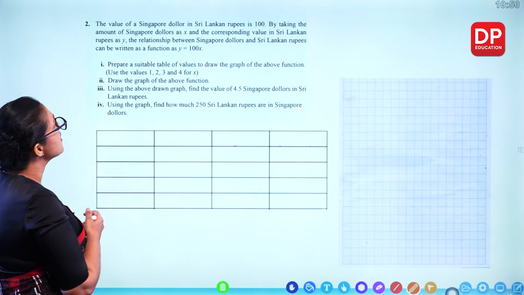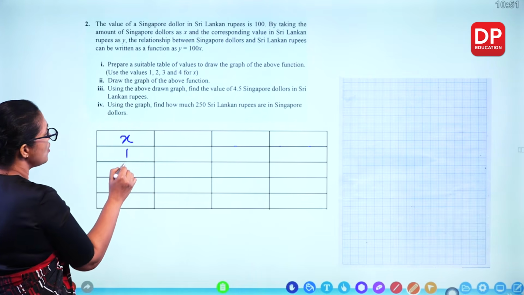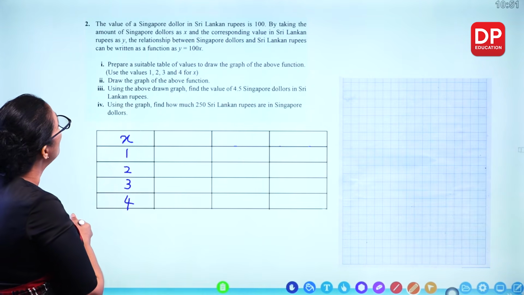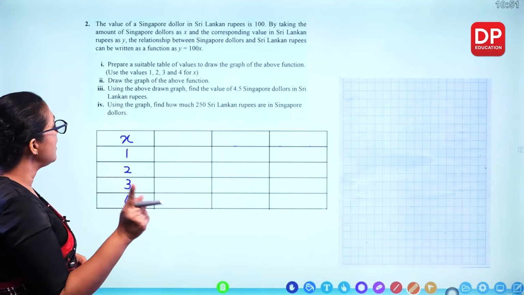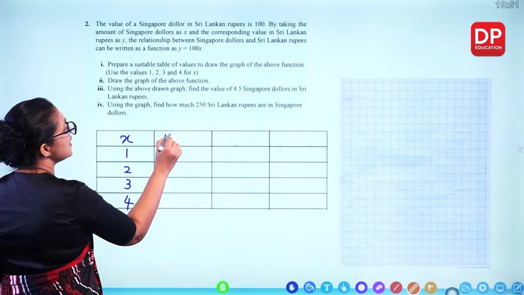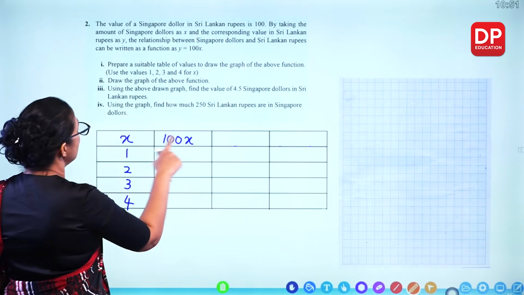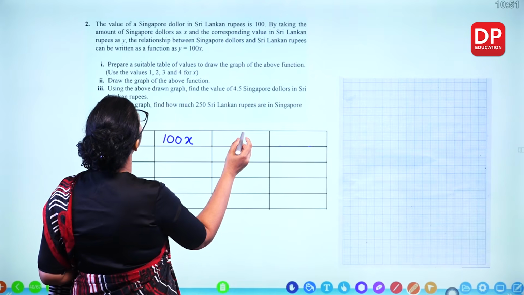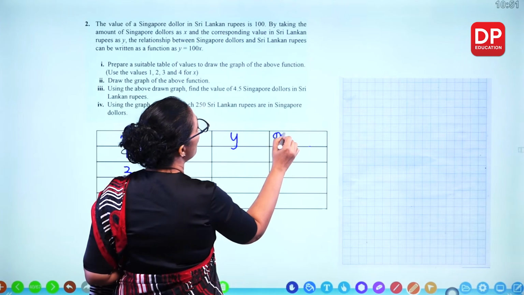Use the values x equals 1, 2, 3, 4. And prepare a table. So we need 100x, and when x equals this, you get the y values. And you can write down the ordered pairs.